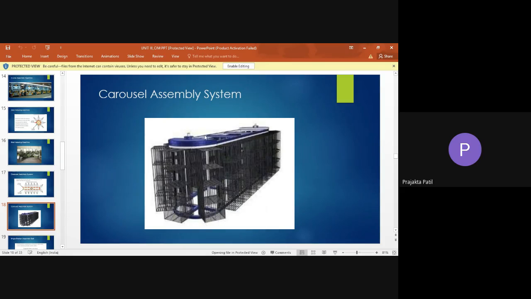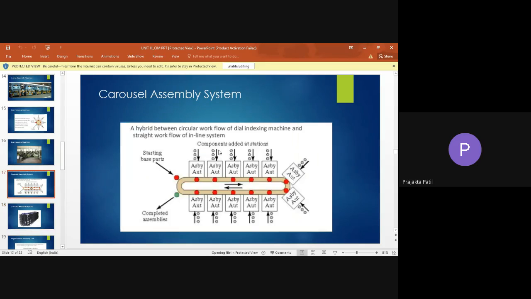But this is the configuration. You have all these stations in place, and you have the transfer line, which is going to move in this configuration.